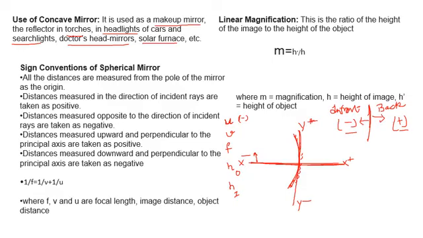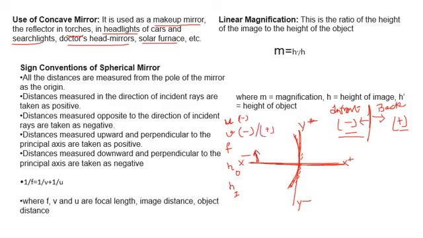So if I consider this as an object, this is negative. In case of concave mirror, we always keep the object in front of the mirror, front negative. The distance between the mirror and the image can be positive or negative. Most of the time the image is formed in front of the mirror, so it is negative. Only in one case is the image formed behind the mirror in the concave mirror.